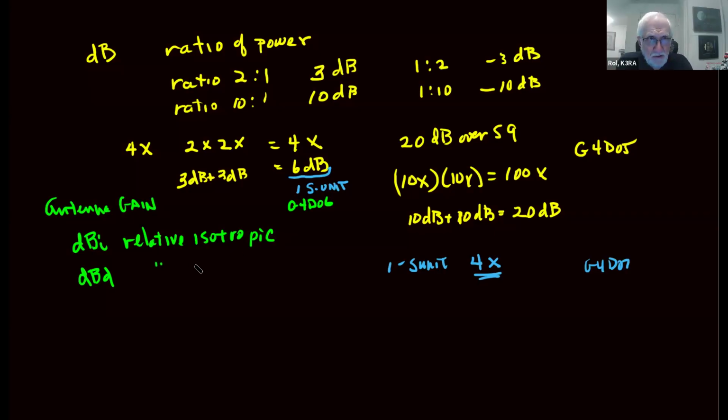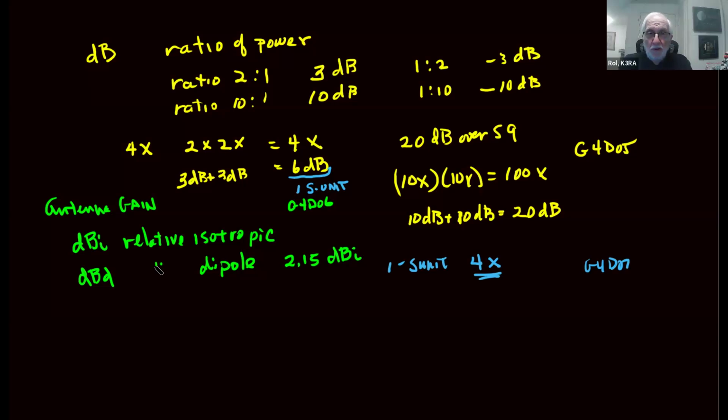And dBd is relative to a dipole. And it points out that the dipole has 2.15 dBi. In other words, a dipole has 2.15 dB gain over an isotropic antenna.